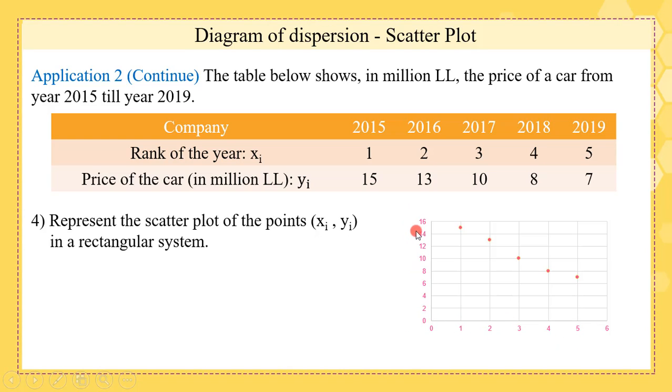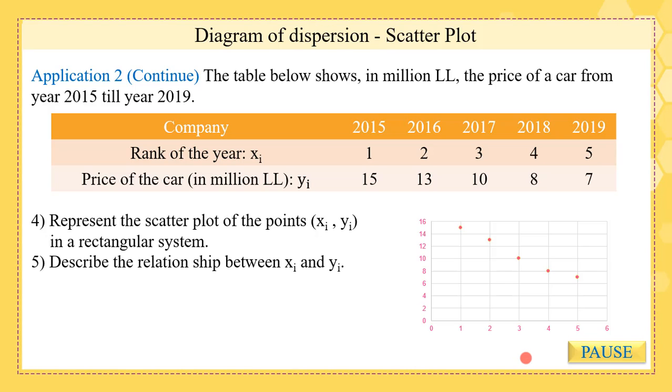And on the y-axis, the ordinate axis, the unit is 2: 0, 2, 4, 6, 8, 10. So the scale is different between the abscissa axis and the ordinate axis. Describe the relationship between xi and yi. In fact, it is a linear, strong and negative relation between x and y.